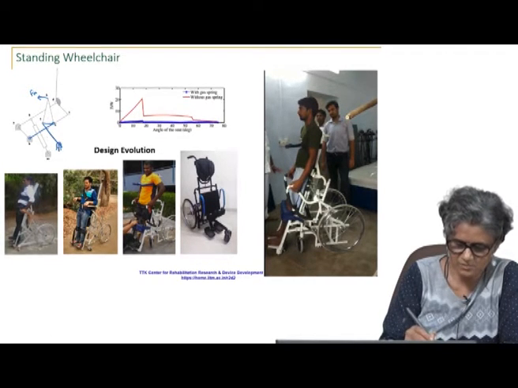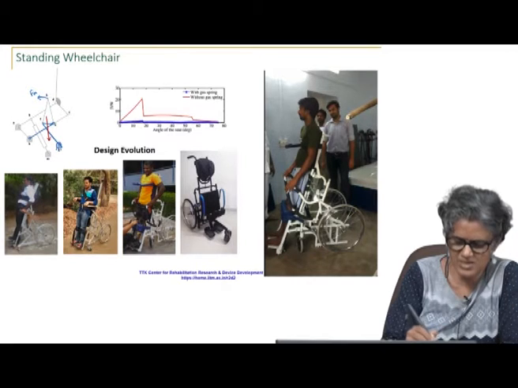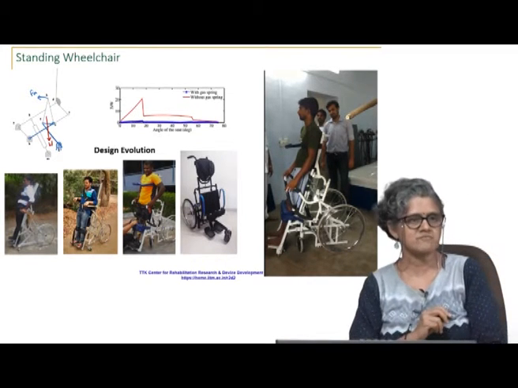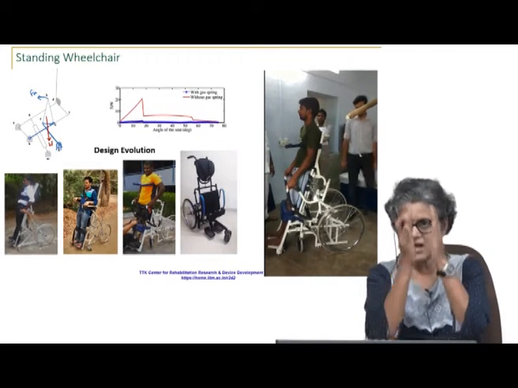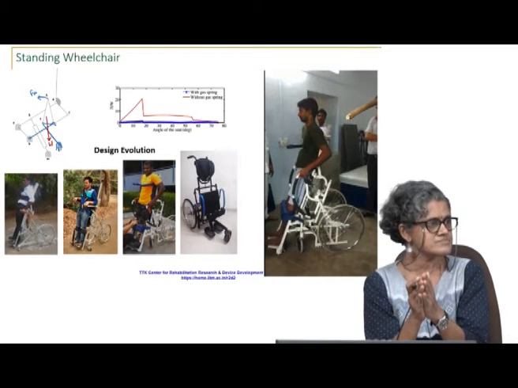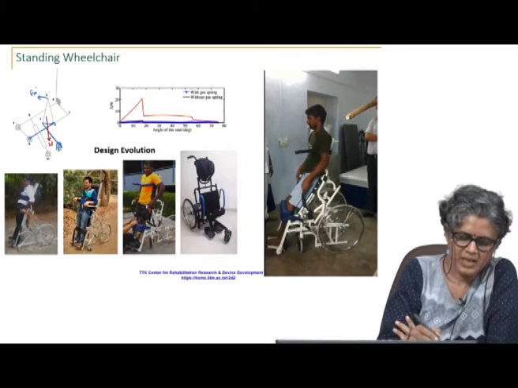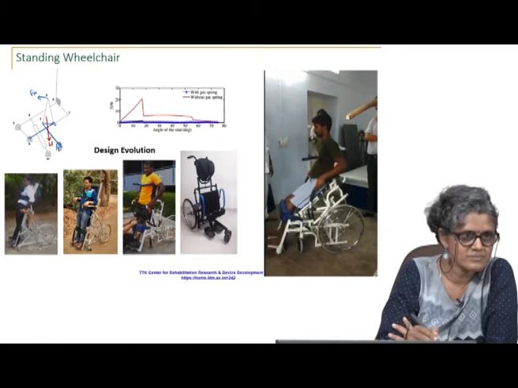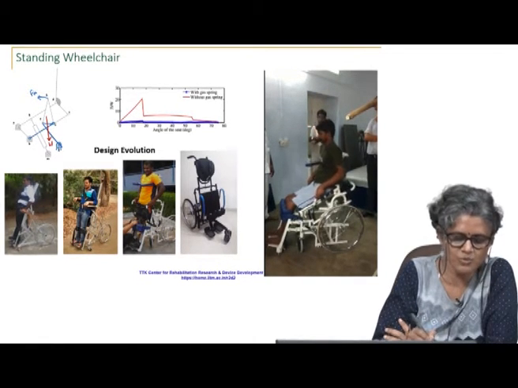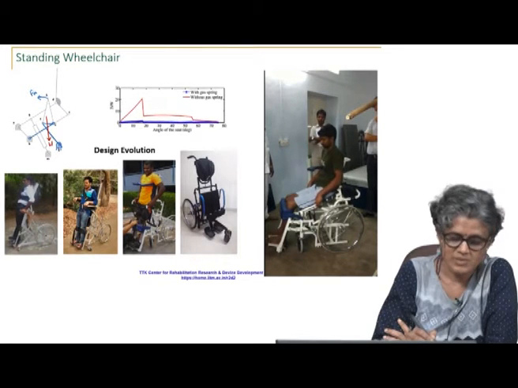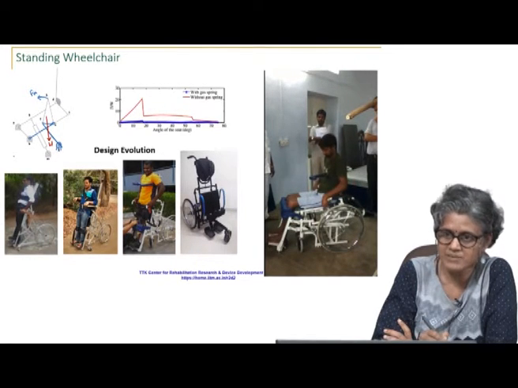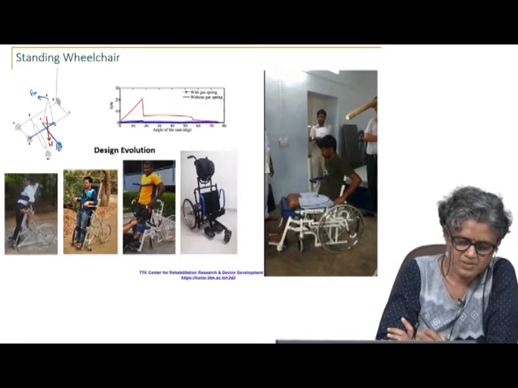The weight. Let us say even if we ignore the weight of the links, the weight of the person is acting on that seat. So, there has to be the input torque that has to overcome the torque due to the weight about this point.